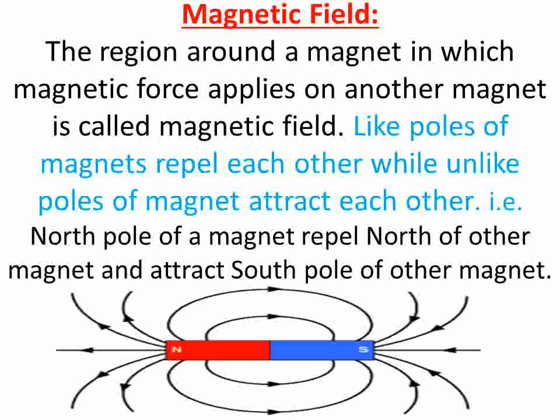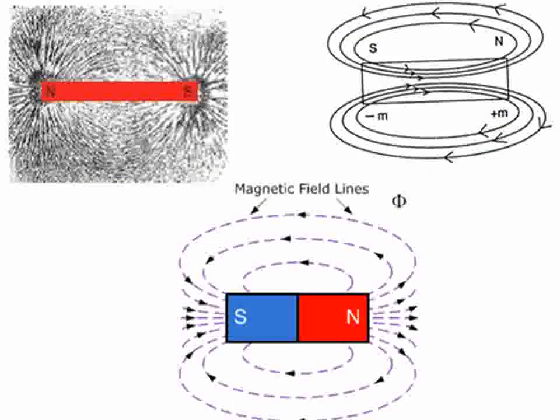North pole repels North pole, and South pole repels South pole of the other magnet. A bar magnet is shown in the figure, having a North pole and a South pole.